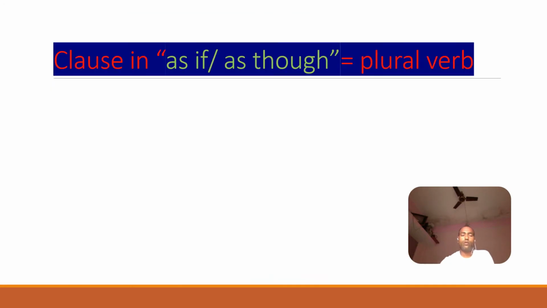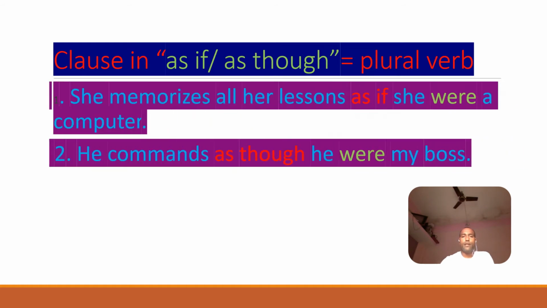Let us see another rule. Clouds in as if or as though. If we have clauses used with as if or as though, they give a special meaning. So we often use plural verb with the as if and as though. She memorizes all her lessons as if she were a computer.